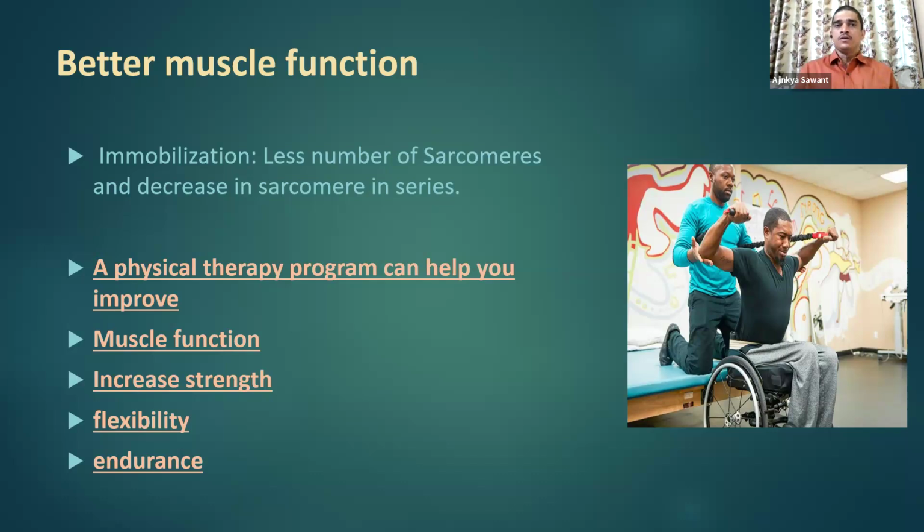Weakness and lethargy can go off, but if there is atrophy, if the muscle is thinned, the strength of the muscles is reduced and the muscle tightness increases.